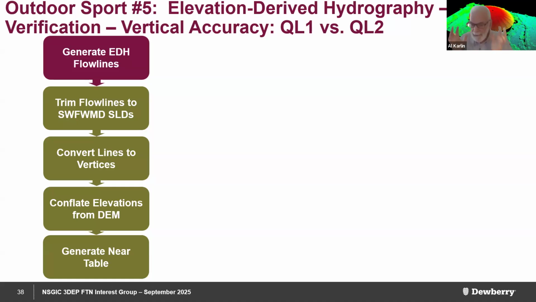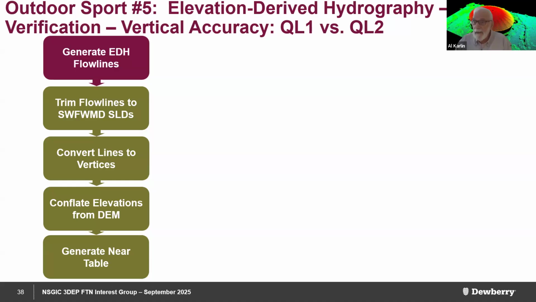I want you to keep in the back of your head that the drains I'm going to show you were compiled directly from the 2018 LiDAR. They were ground truthed by survey. I generated, through the EDH process that I showed you, and I'm not going to show it to you again, EDH flow lines using the elevation models from those two studies.